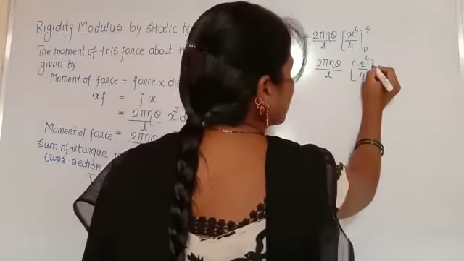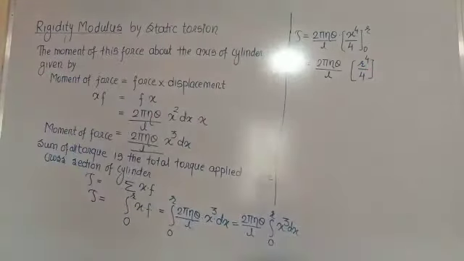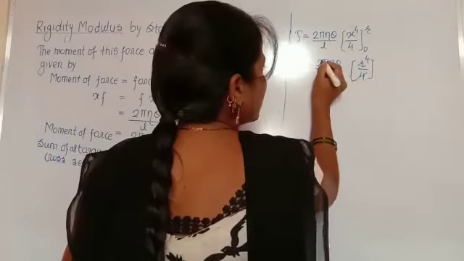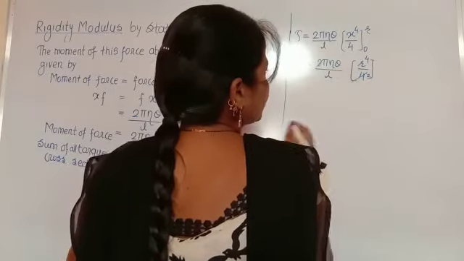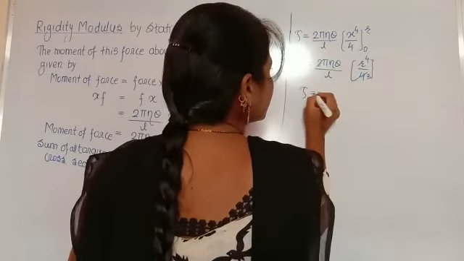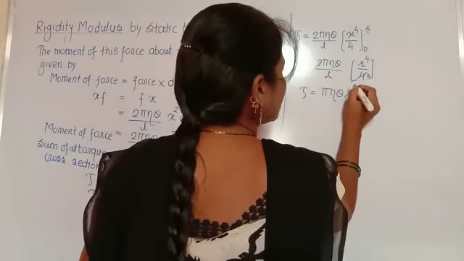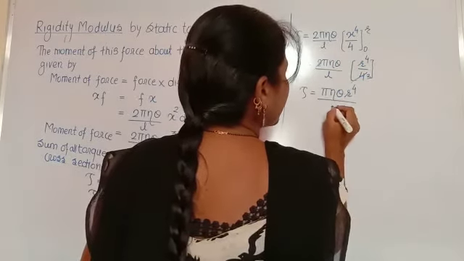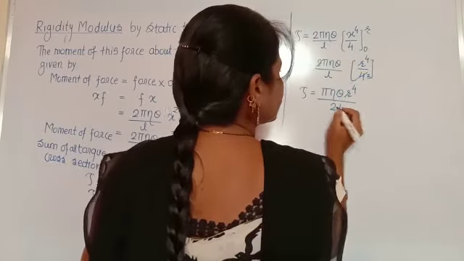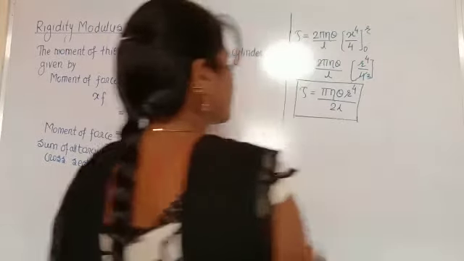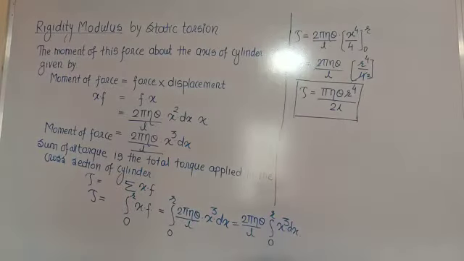We take only the upper limit, R to the power 4 divided by 4. When we calculate, the 2 and 2 cancel. Therefore torque is equal to pi eta theta R to the power 4 divided by twice L. So this is the value of the total torque Q applied on the cross section of the cylindrical rod.